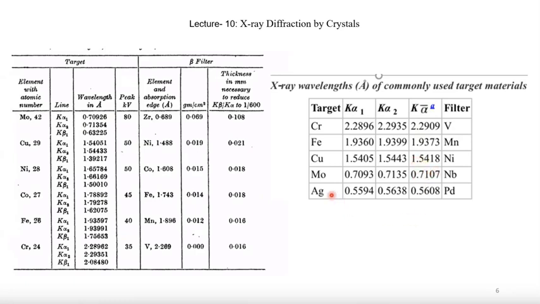Very recently, we also get target material with silver. You see that silver has a higher atomic number than molybdenum, and therefore we get a still shorter wavelength of X-ray. And this is the filter we'll use for this material. We talked about it.